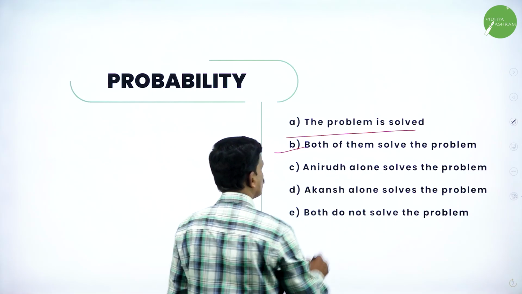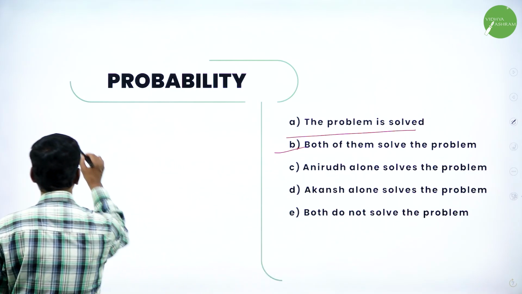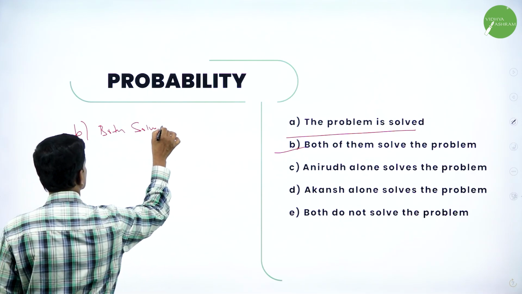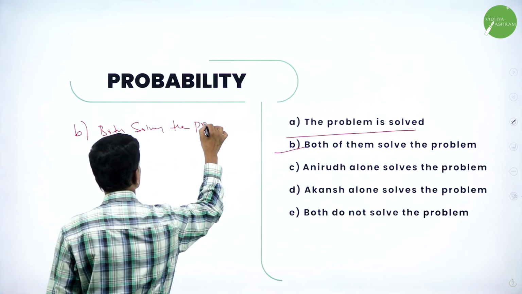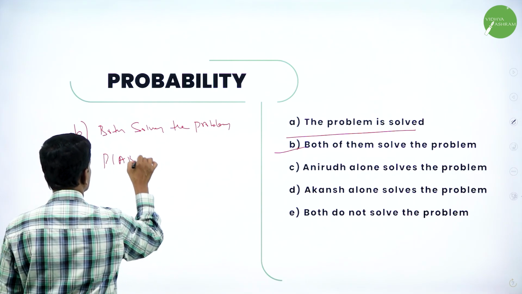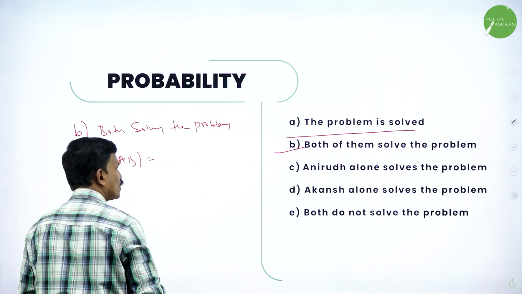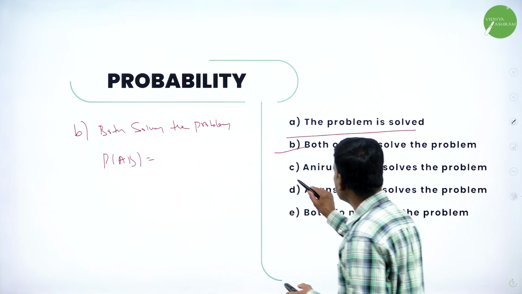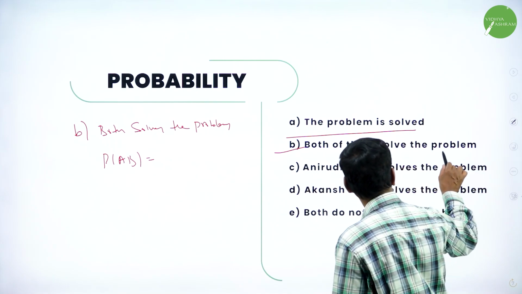Both solve the problem. Probability of solving the problem, that is, probability of AB. Now, let us go to the second condition. Both of them solve the problem.